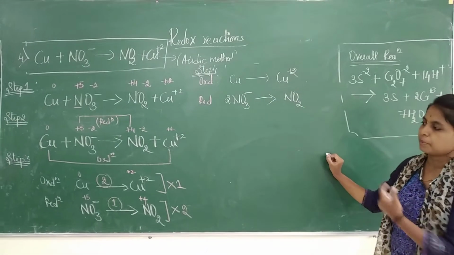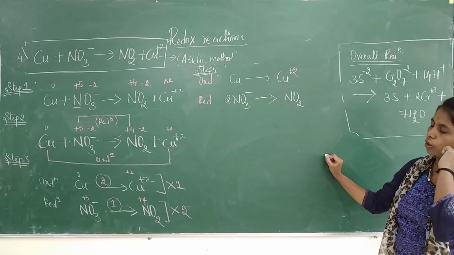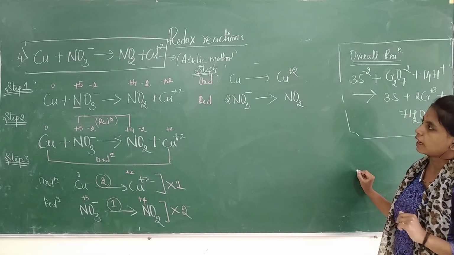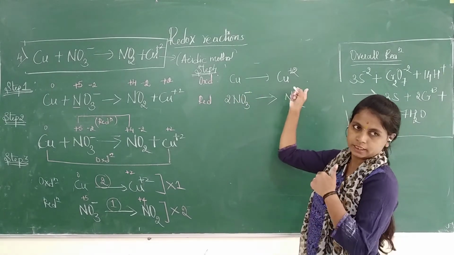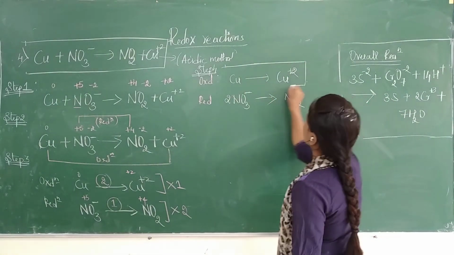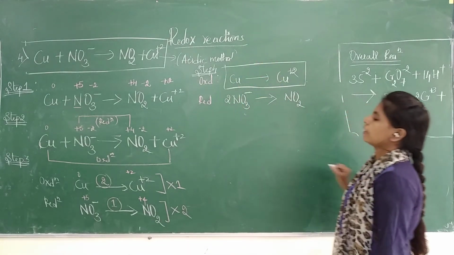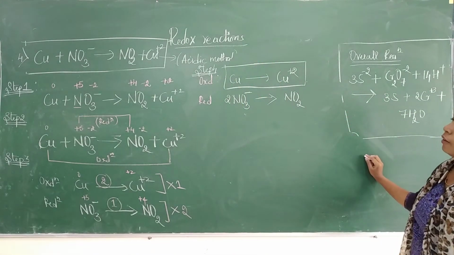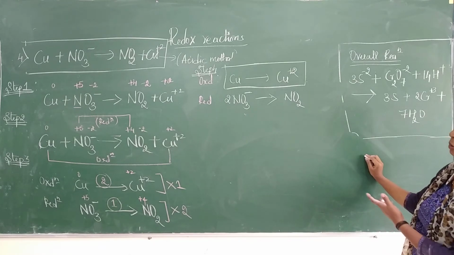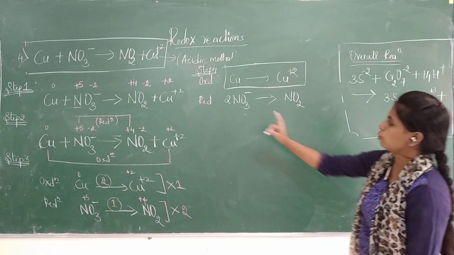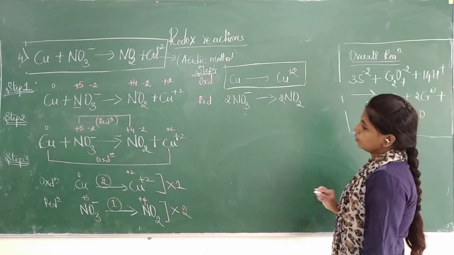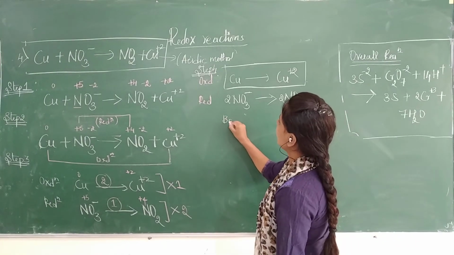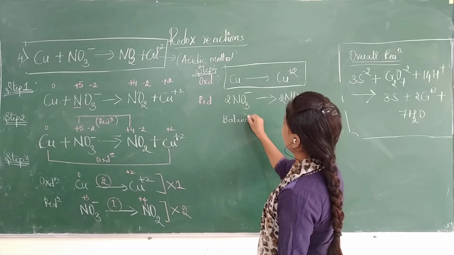So now we have just multiplied it. Next we are balancing all the other atoms except oxygen and hydrogen. In the oxidation half reaction it is just one copper, and here it is copper, it is balanced. Next, reduction. How will we balance the other atoms? Other atoms means now it is nitrogen. As there are 2 nitrogen here, we will write here 2 NO2. Okay. After balancing the other atoms, you are going to balance the oxygen atom.